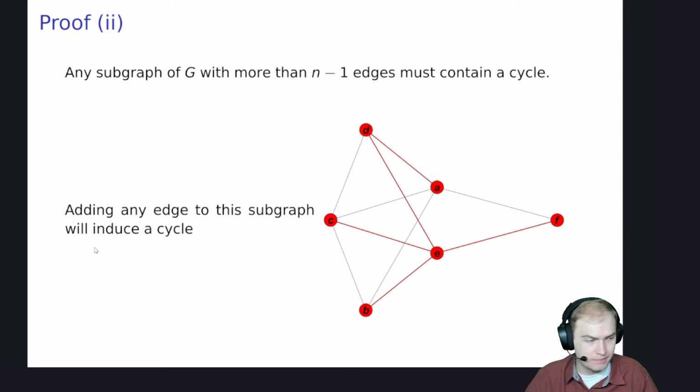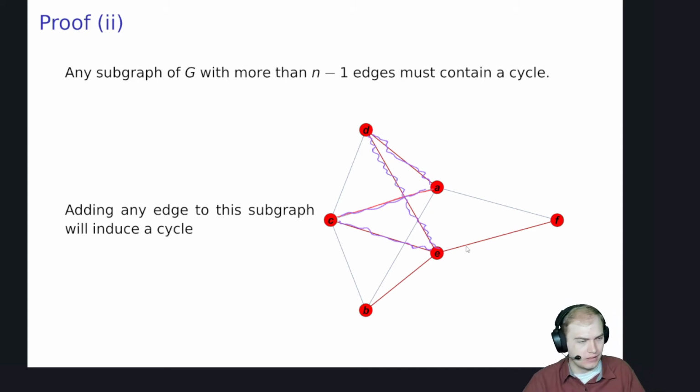We notice here that if we add any edge at all to what we already have highlighted, suddenly we can cycle around.